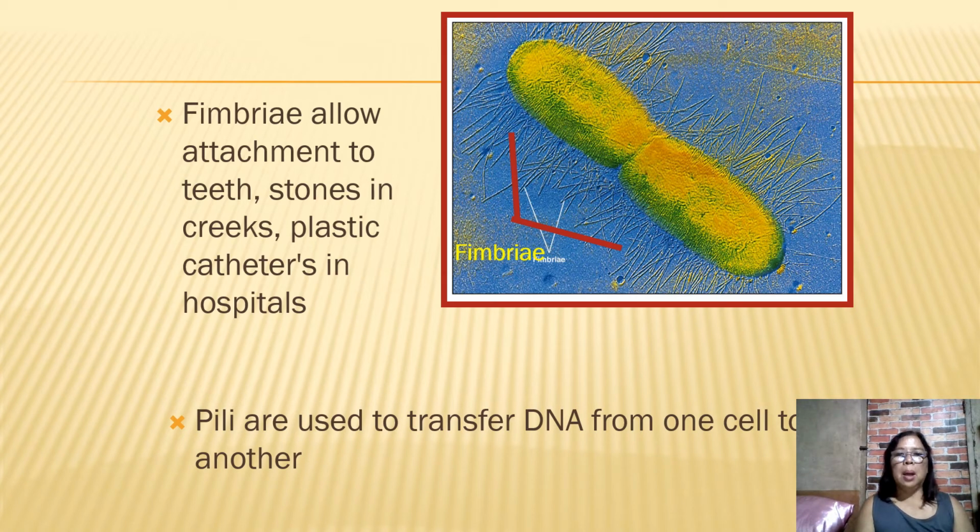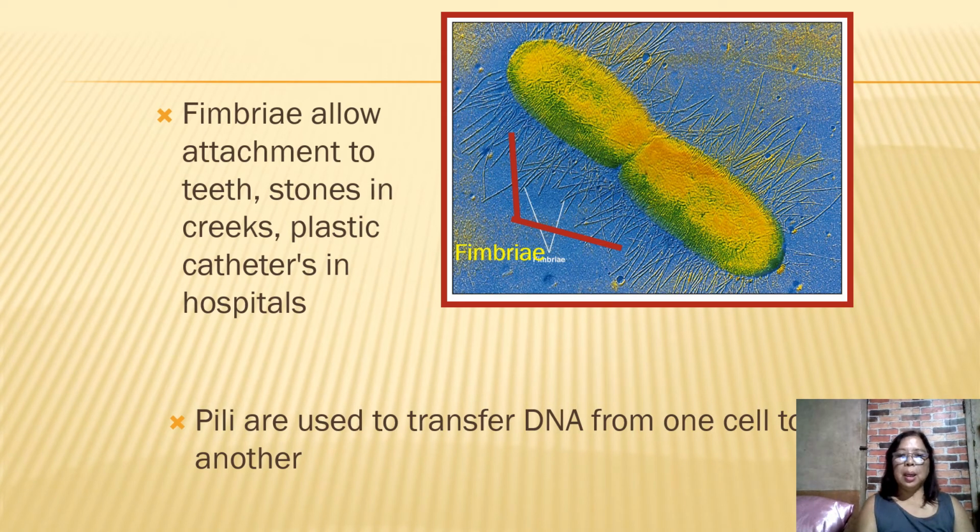And the fibrillar structure allows the microorganism to adhere to hard objects like our teeth, aided by the enamel of our teeth. Also likewise the stones in creek that makes it sometimes rough and slimy, and then also likewise in plastic catheter in hospital. And this could lead to the possible presence of infection if microorganisms are found in catheter.